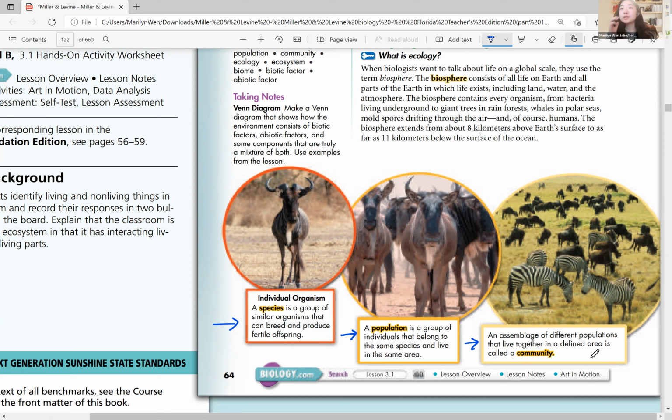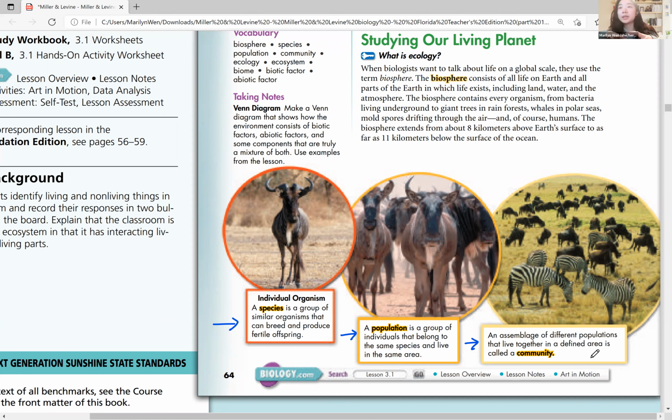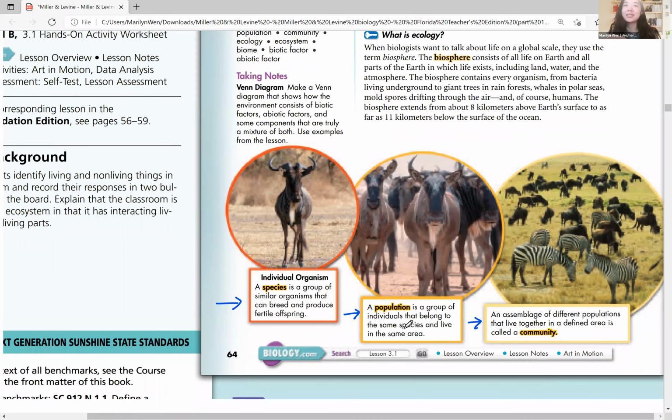And what I want you to do is, on your piece of paper or notebook, draw a circle for species, and then draw a bigger circle for population and a bigger circle for community. But don't make them too big.